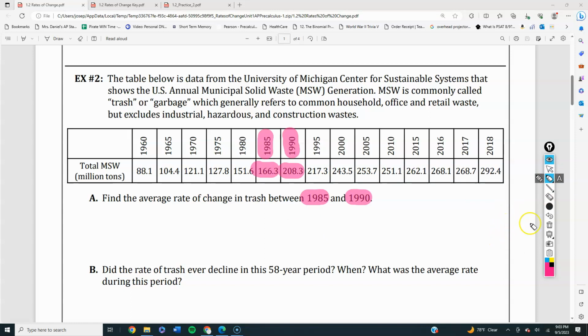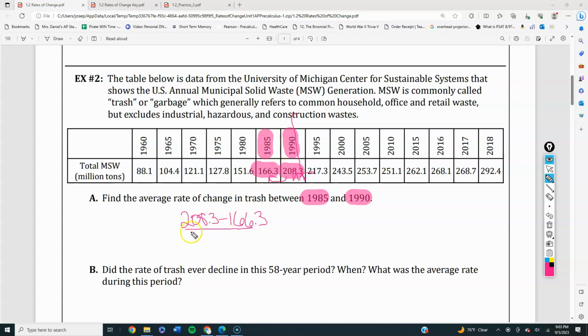Well, this one's not so bad, right? First thing we do is we grab our pen tool. Now we're going to do our change in y. So how much did this change? 208.3 minus 166.3. And we're going to divide by our change in our x. Year was our x. That's what we're depending on.